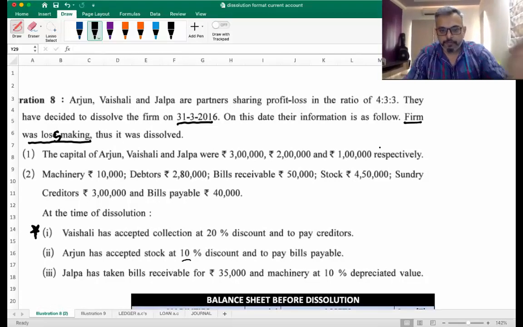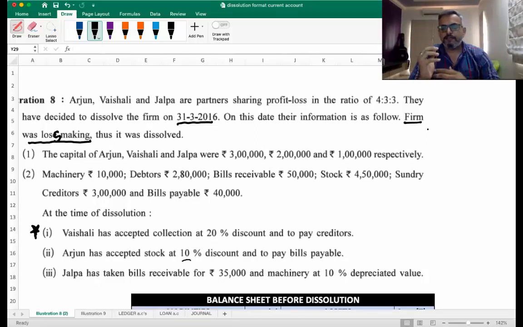Now what we have to do is, first of all, we are given balances of assets as well as liabilities. So first we will have to prepare a balance sheet. Make the format for the balance sheet and then we will see what is happening.